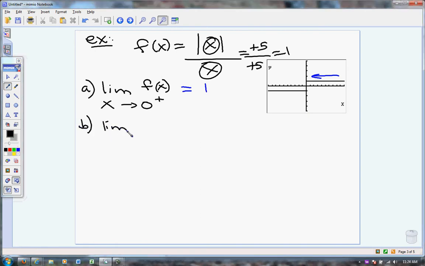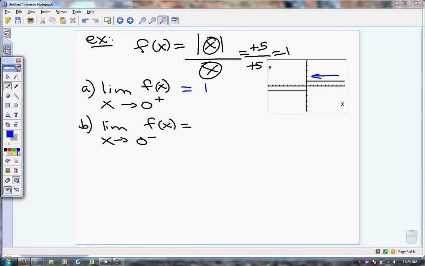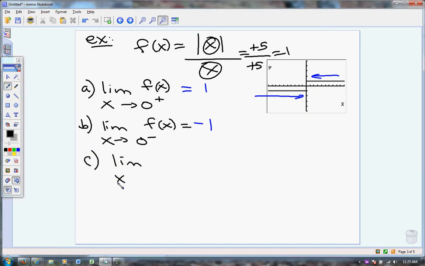What would the limit of this function be as we approach 0 from the left? -1, isn't it? As we approach from the left, it is approaching -1. It never changes from being -1. So, you know what's coming next. What would the limit be as x approaches 0? It does not exist because we are not approaching the same value from the left and the right. All right?